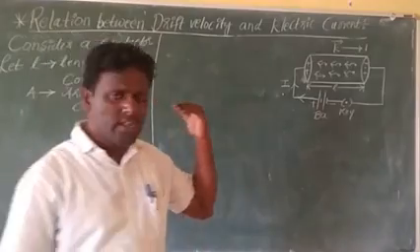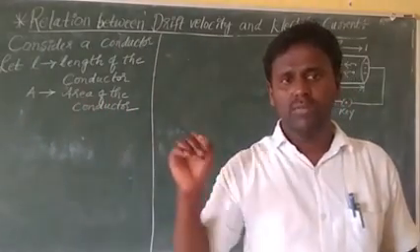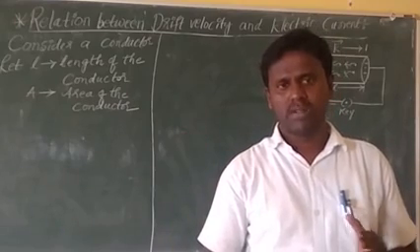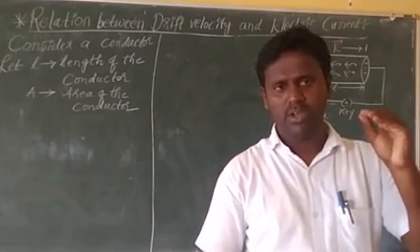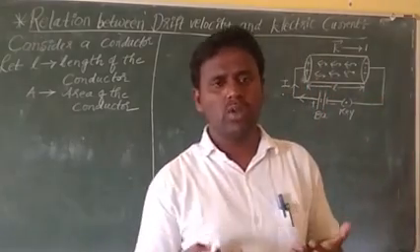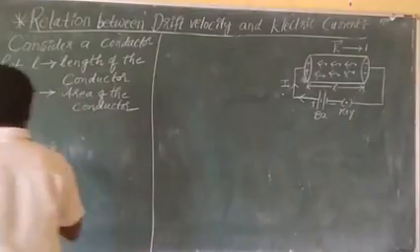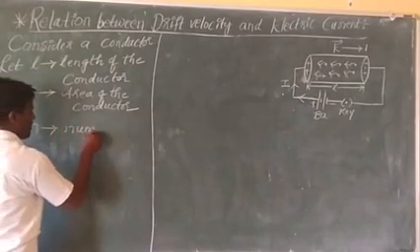But in our derivation, we shall consider one thing. Let n be the number of electrons per unit volume of the conductor. For 1 meter length, 1 meter height, 1 meter breadth, n number of electrons are there.